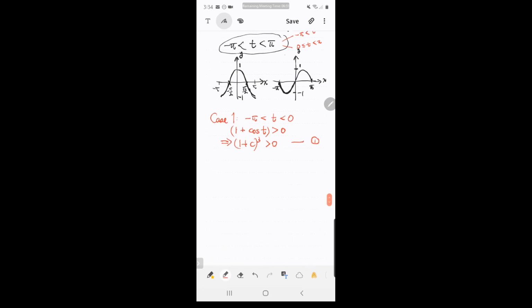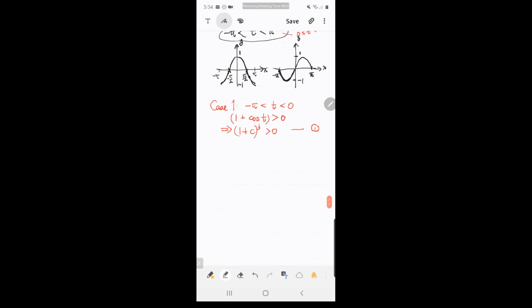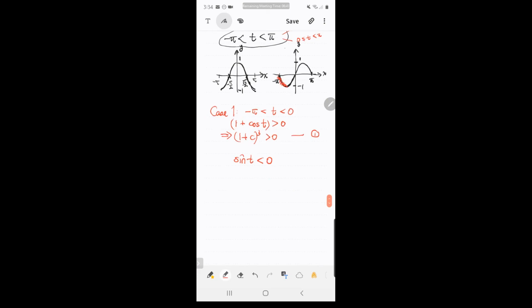Then after that, you know that t is in between negative pi to 0. What happened to your sine t? Your sine t is actually less than 0 as well. You look at the graph here, this part. From negative pi to 0, your sine t must be less than 0.